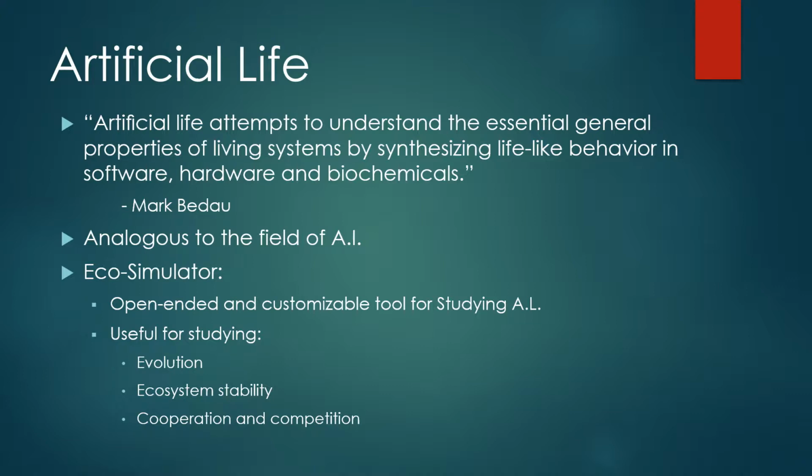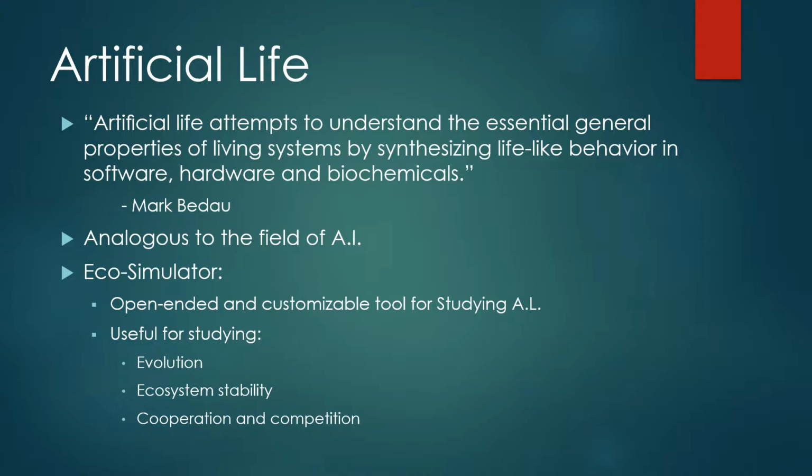In some ways, this field is similar to the field of AI, especially with the recent focus on neural networks and evolutionary algorithms in AI. But whereas AI tends to use these biologically inspired systems to understand the emergence of intelligence, artificial life is using these sorts of systems to better understand life and its properties and the characteristics of living systems.